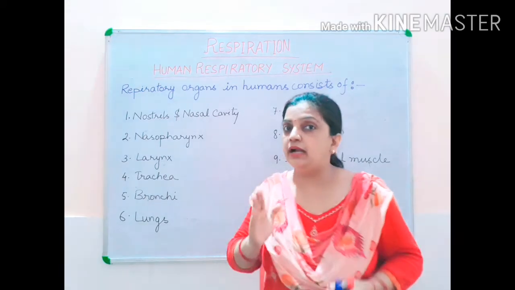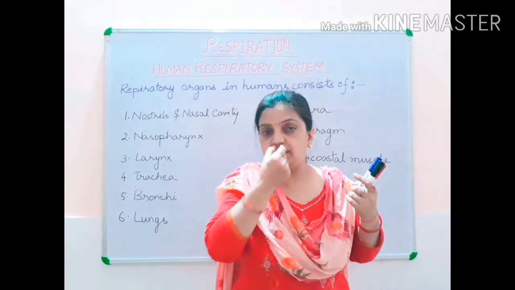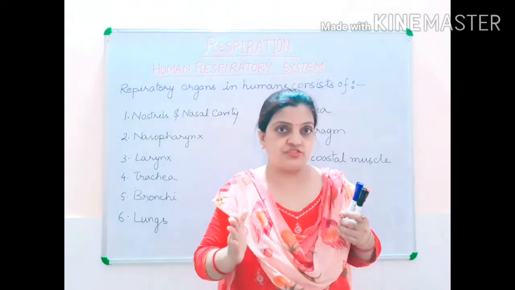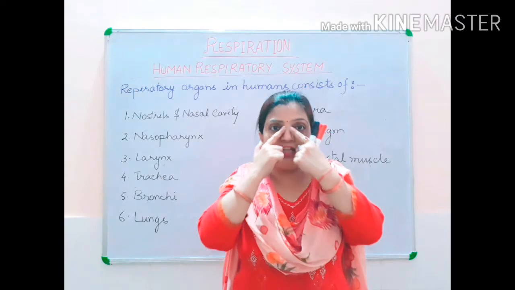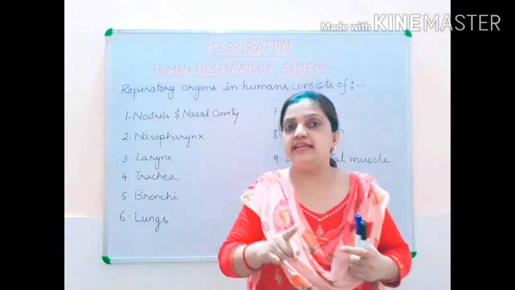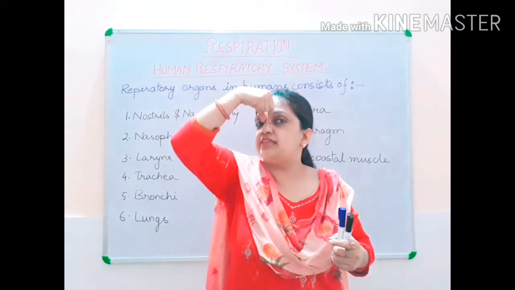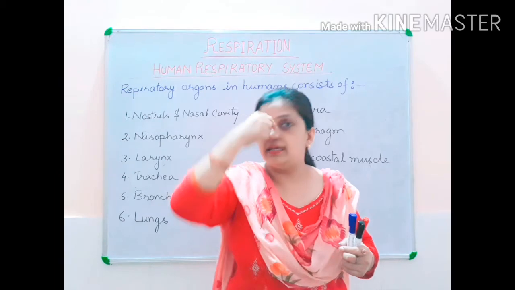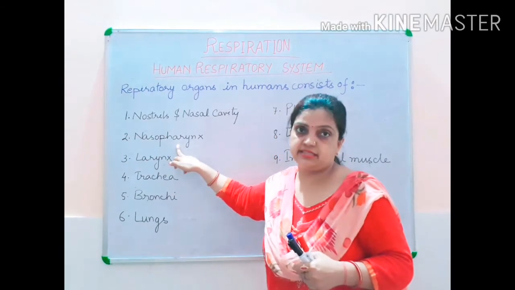I hope you are understanding it. These 2 openings in front of our nose are called nostrils. These 2 spaces are called nasal cavity. Then the nasal cavities open inside into 2 openings, and that opening is called nasopharynx.